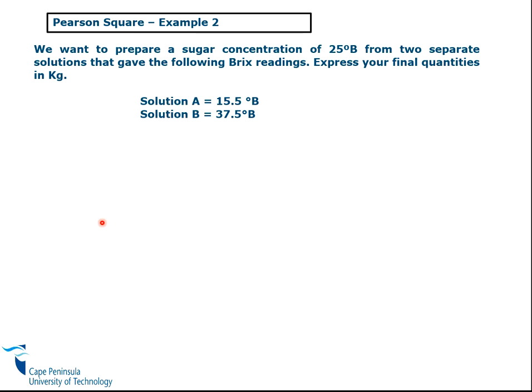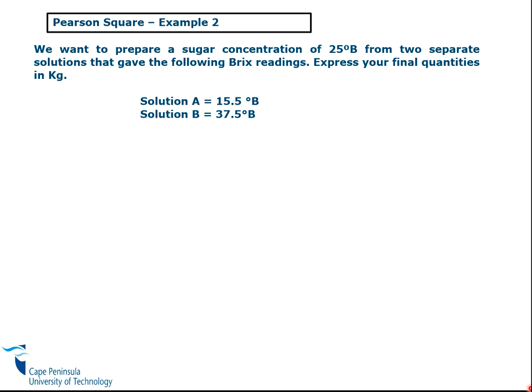We want to prepare a sugar concentration of 25-degree Brix from two separate solutions that gave the following Brix readings. Solution A gave 15.5-degree Brix and solution B gave 37.5-degree Brix. What we are asked to do is to express your final quantities in kilograms, right?